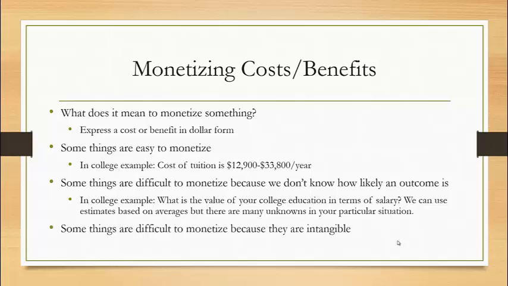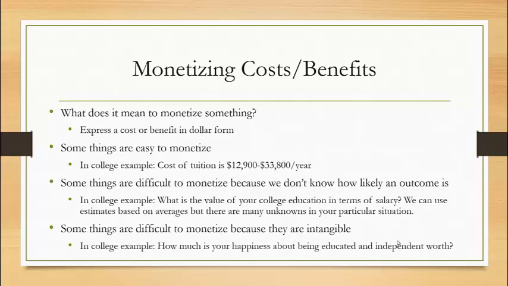And the other thing, though, is that some things are difficult to monetize because they are intangible. What we mean by intangible is that they aren't easily measurable, right? They are not physical things. So in the college example, how much is your happiness about being educated or your relief to be independent from your parents worth?